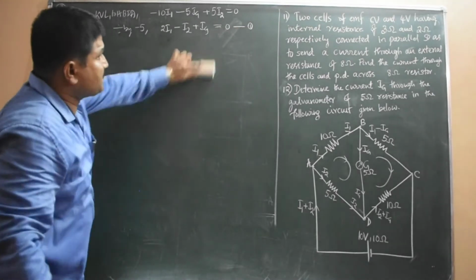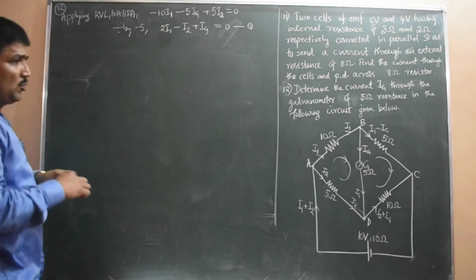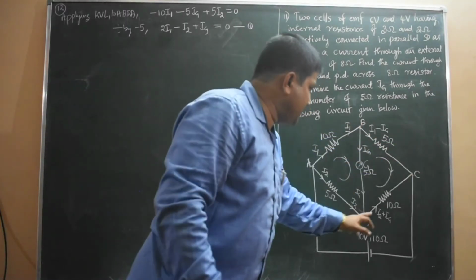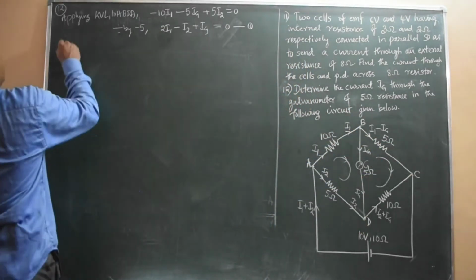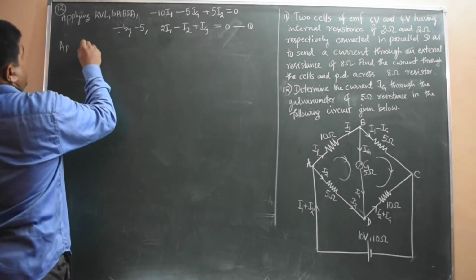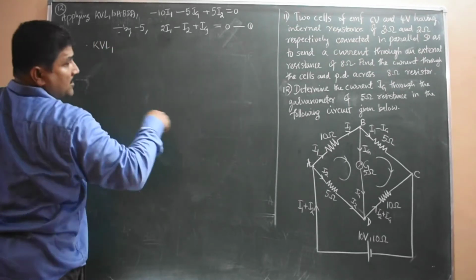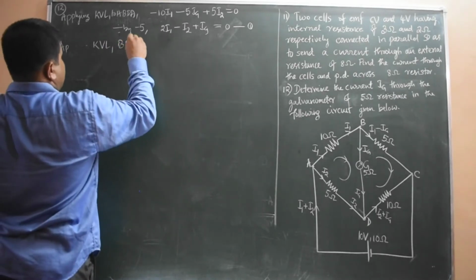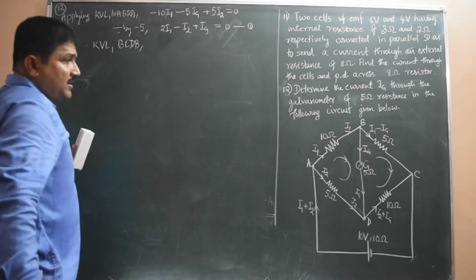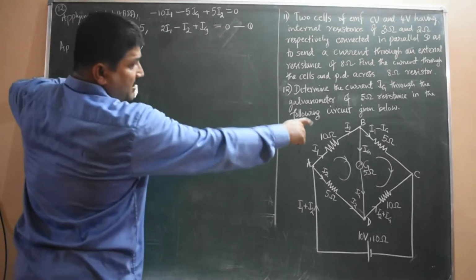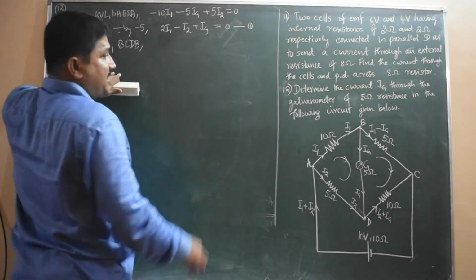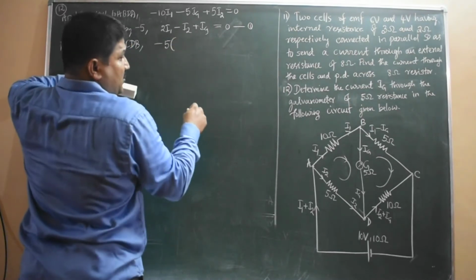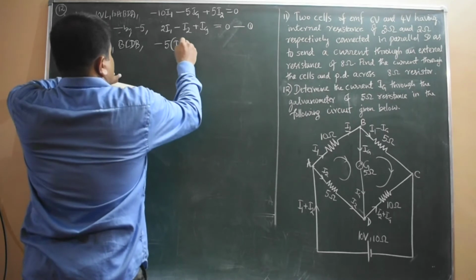Then next, the second loop, BCDB. Applying Kirchhoff's loop rule, applying KVL to BCDB, same way. BC part, resistance 5 ohm, current I1 minus Ig. So minus 5 times (I1 minus Ig).